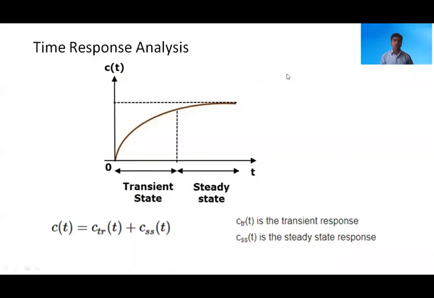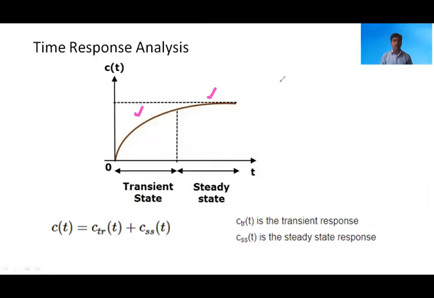Now, how do we analyze the time response? The time response of the system basically consists of two states. One is the transient state, the second is the steady state. This is the transient state and this is the steady state.